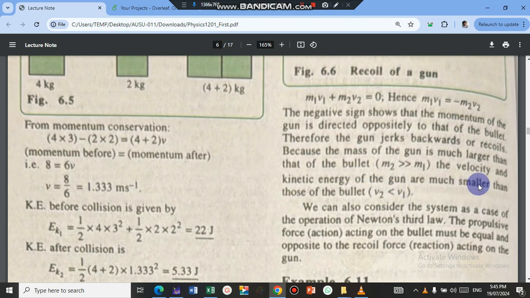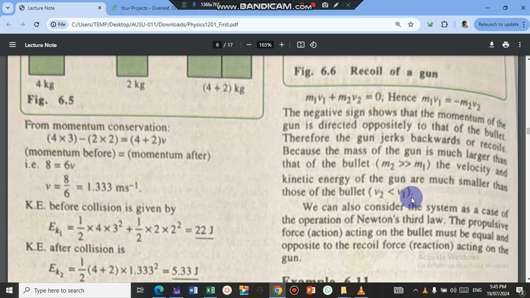The velocity and kinetic energy of the gun are much smaller than those of the bullet. This means the gun will move backward, but with lesser velocity because it is heavy, and the bullet will have great velocity because it is light.